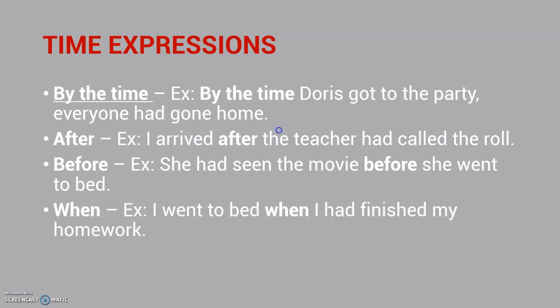So, how do we use them, and when do we use past perfect and when do we use simple past? Remember that first, the past perfect has the auxiliary had and the verb in past participle. The simple past has no auxiliary and it has the verb in simple past.